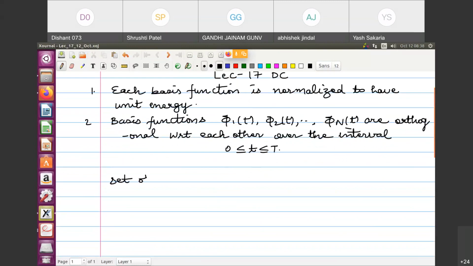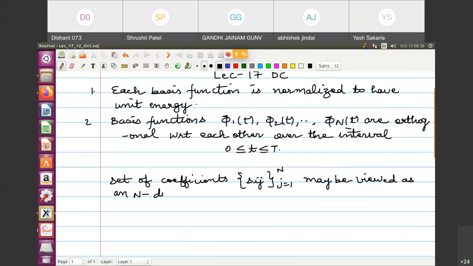So the set of coefficients Sij, where j is equal to 1 to N, may be viewed as an N-dimensional vector, denoted as Si, suppose we denote this.